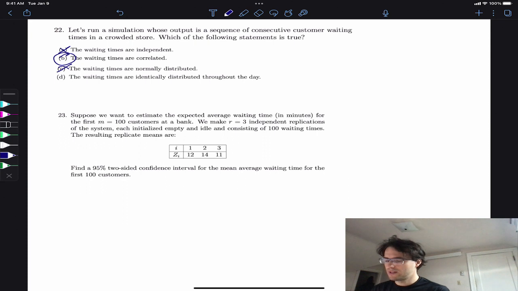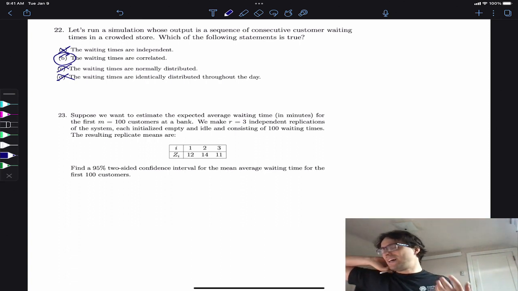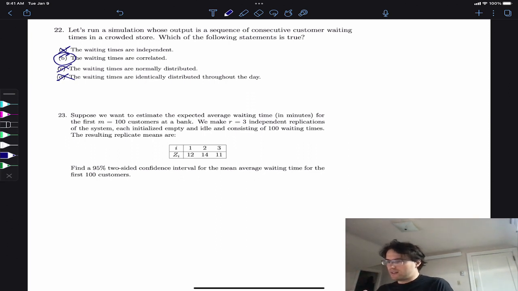And D, the waiting times are identically distributed throughout the day. That's also not true. You can just go by your intuition. There's definitely times when people will be waiting more. If you go to the mall at 1 p.m. on a Wednesday, it's going to be a lot less crowded than if you go at 1 p.m. on a Saturday.